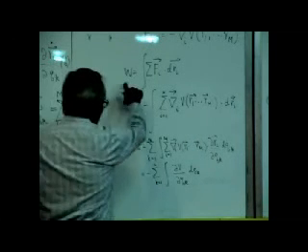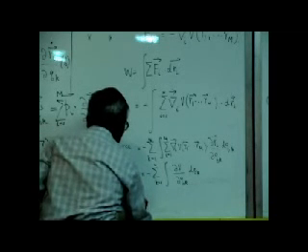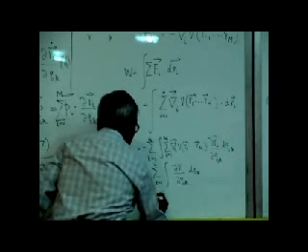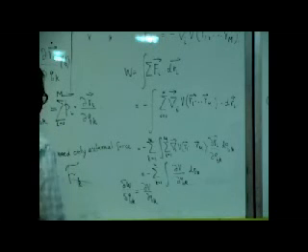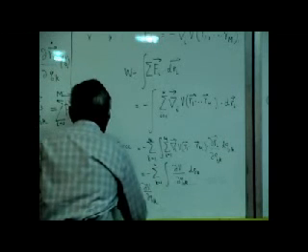So delta W by delta q_k is nothing but minus dV by dq_k. But this is nothing but my generalized force F_k.